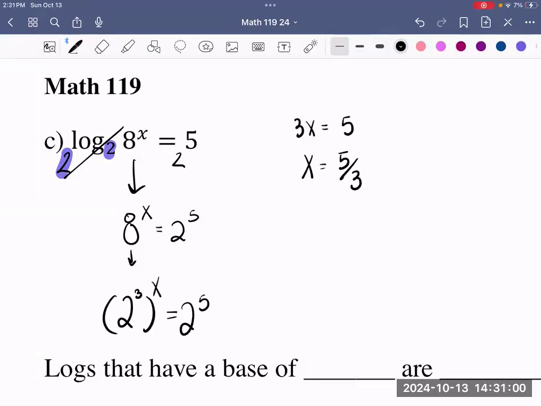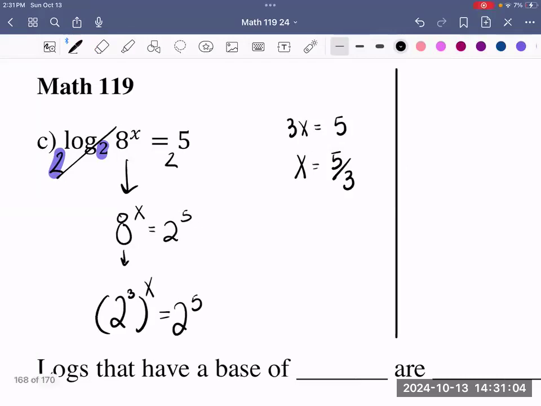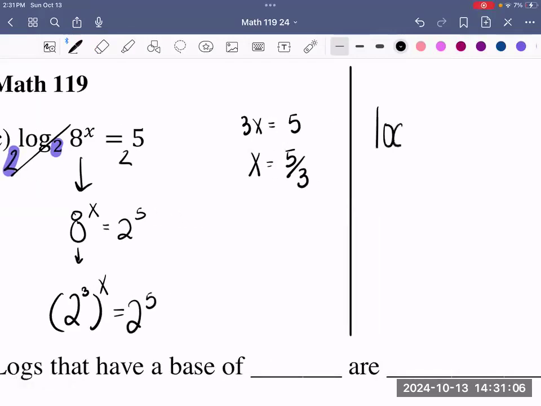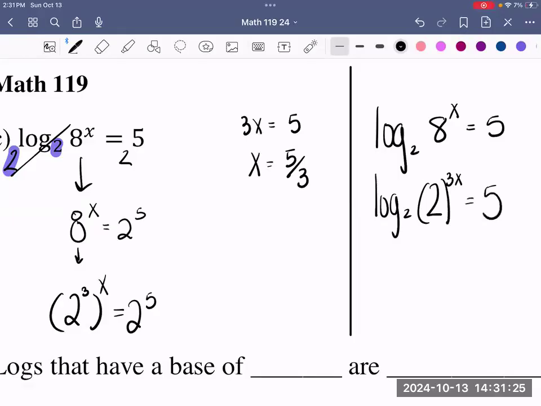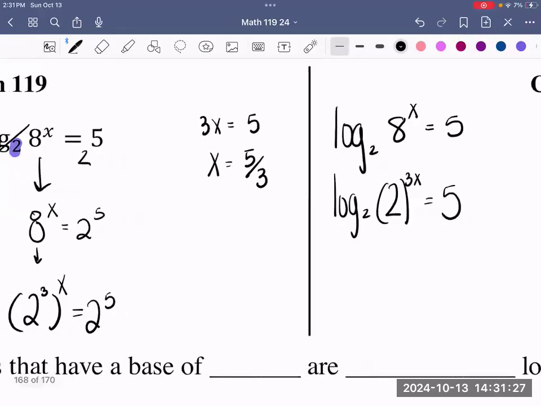And again, we can always certainly check your answer. Now, let's say we didn't want to do that, but instead we understood before we started that 8 to the x could be rewritten as 2 to the third, to the x, or 2 to the 3x, multiplying out those exponents.